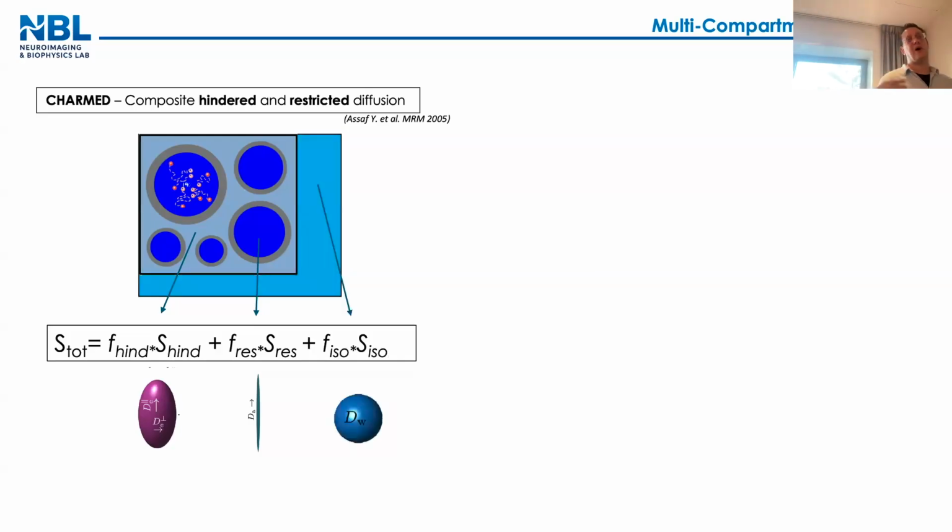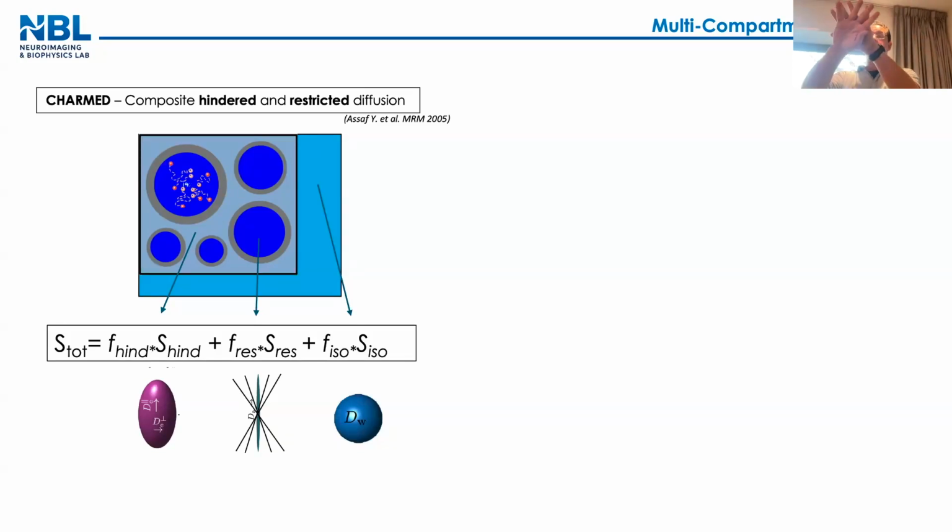Over time, they also said, well, let's put in another model for free water, and that is the ISO component. Now, we can replace this single compartment with a distribution of sticks, imagine many axons, each diffusing along only one axis, with this fanning, and you know what you have? It's called NODDI.